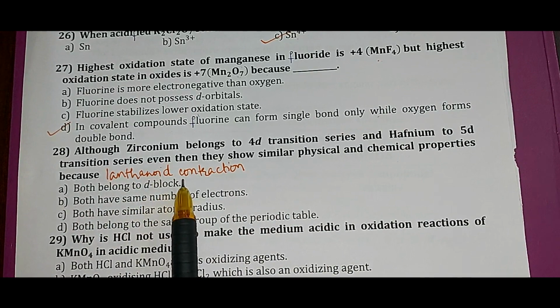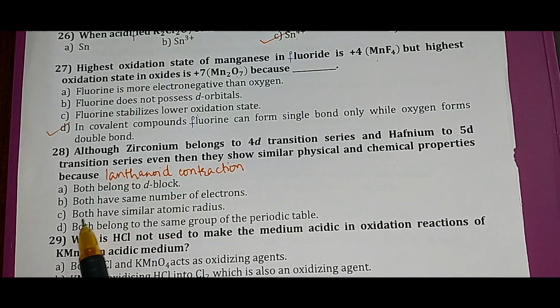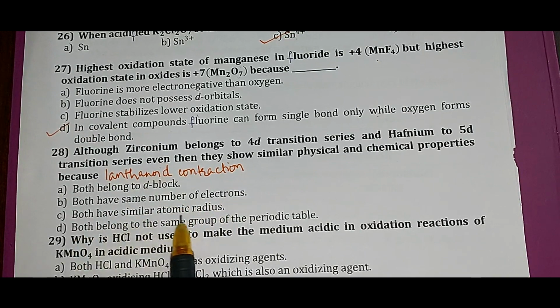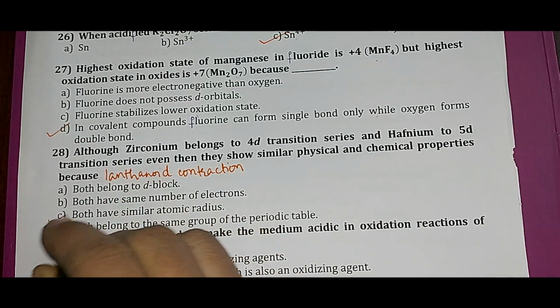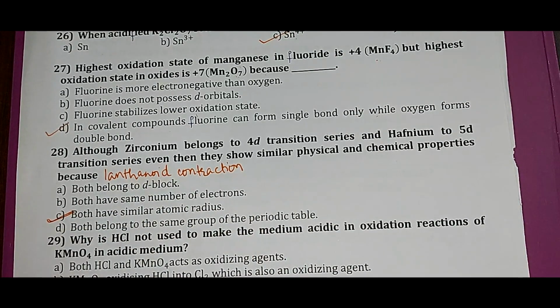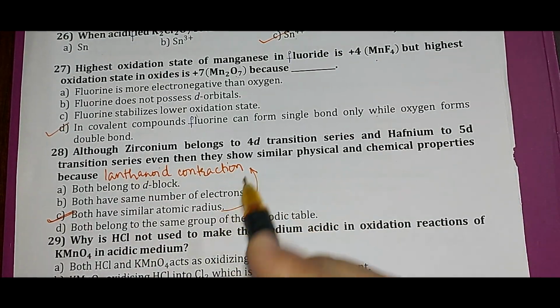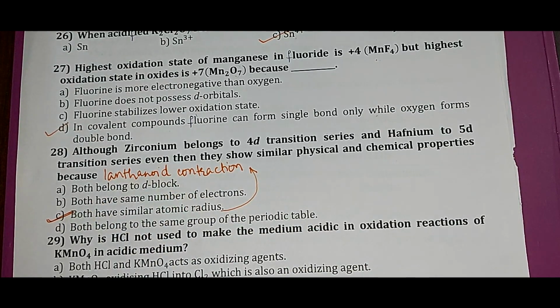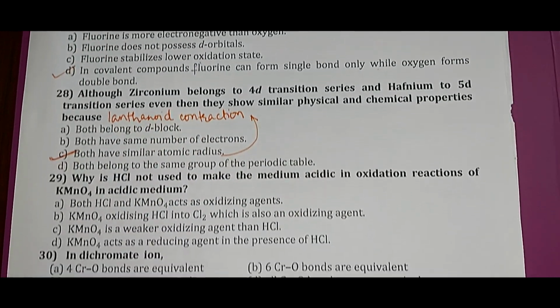Yes, but that is not the actual reason. Both have same number of electrons? No. Both have similar atomic radius? Yes, they both have similar atomic radius due to lanthanide contraction. Hence, this is a correct reason for the above question. So, question number 28, the correct answer is option C.